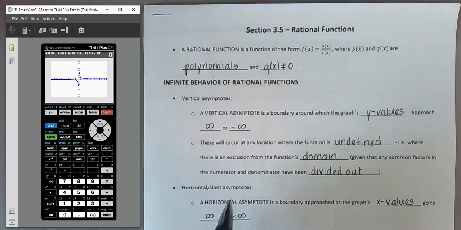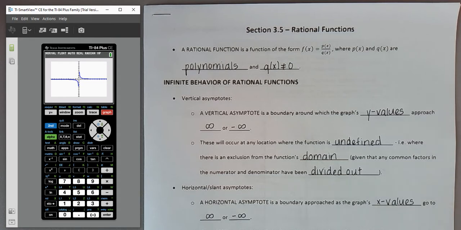So notice in both of these cases, we're talking about issues related to infinity and negative infinity. So when we're talking about rational functions and these specific features, it's very much related to infinite behavior. What happens as our x values get really big? What happens as our y values get really big?